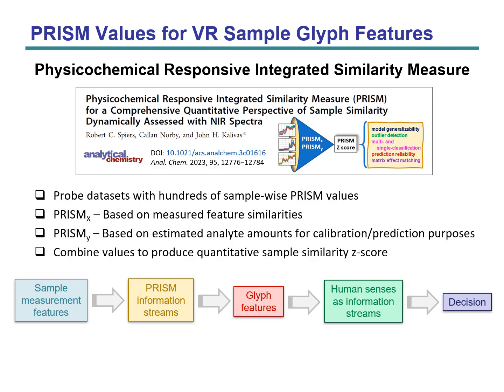So the basic flow is we have sample measurements. We convert these to our PRISM information, similarity measures, information streams. We attach these hundreds of PRISM values to glyph features, whatever the glyph is, create the glyph based off the PRISM values. And then we're using our human senses as the new information stream to make the decisions.